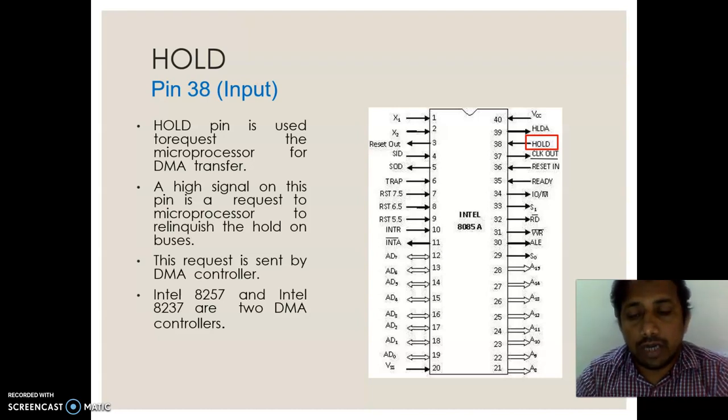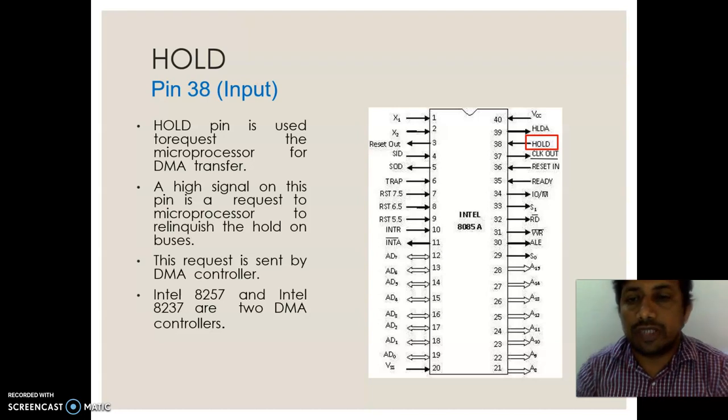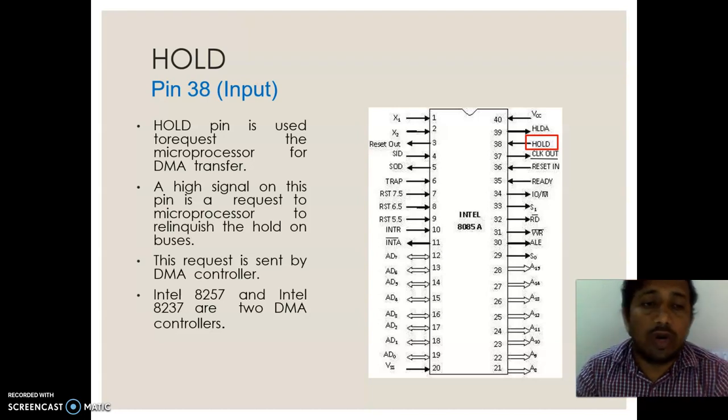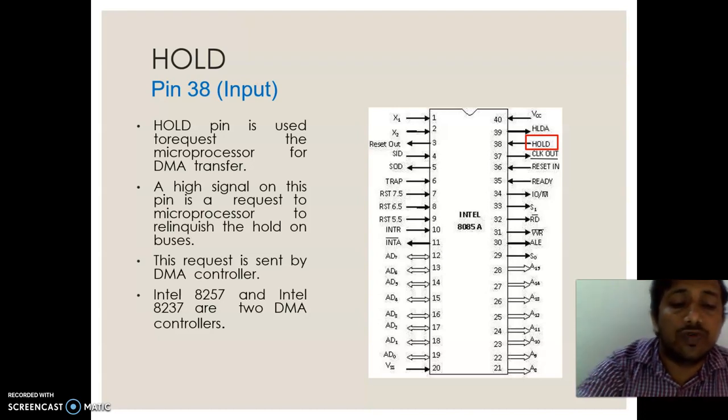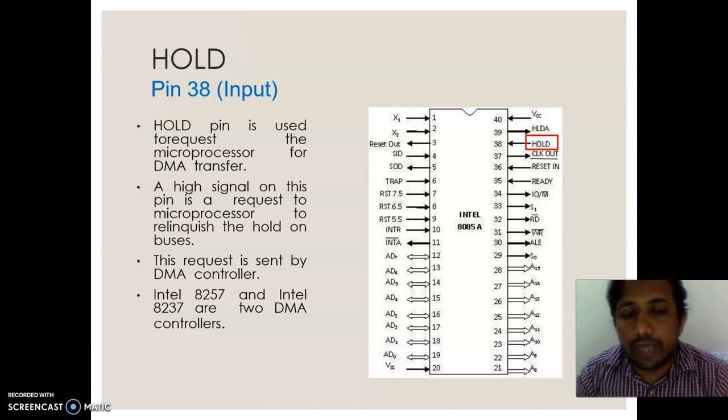And last but not the least, you would be having VCC and VSS. Before that, two more pins are there. Hold and hold acknowledgement are the two pins used for DMA operation. DMA stands for direct memory access. You will be accessing the memory by taking up the system buses.